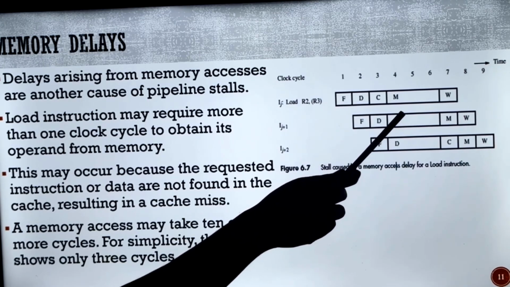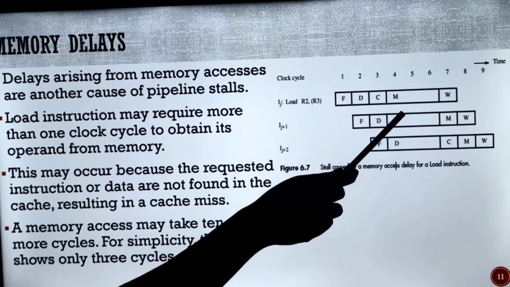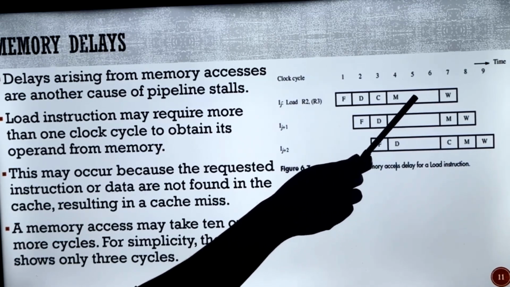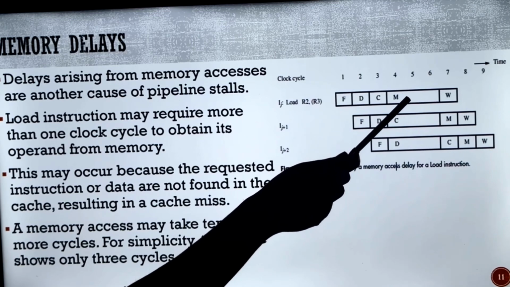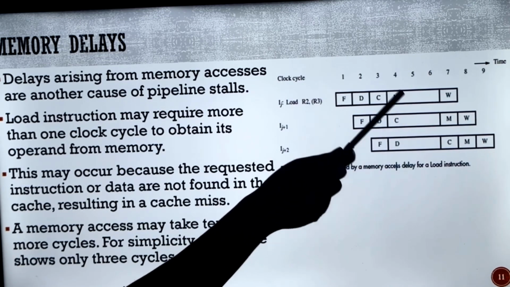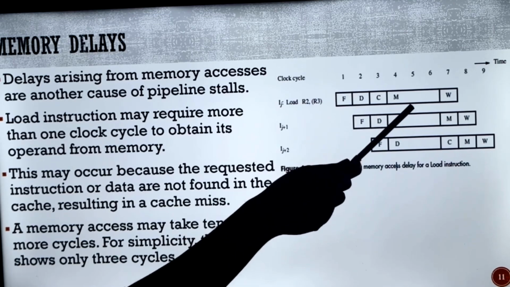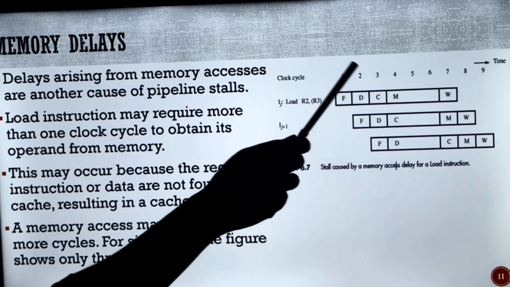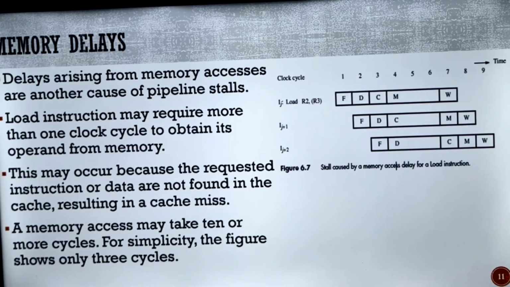This is obvious. You cannot always expect to get the data from cache immediately. So if it takes more than one clock cycle to get the data from main memory, it affects the next instruction also, if they are linked or dependent on each other. You understood that? Now, is there any shortcut way to overcome this issue?